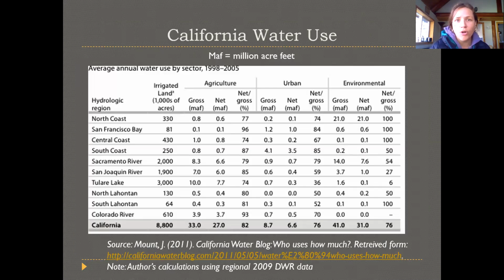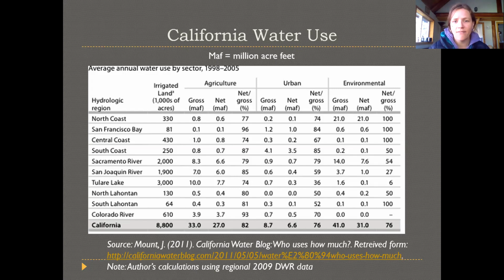California water use is shown in MAF, million acre feet, and shows different kinds of uses: agricultural uses, urban uses, and environmental uses, which are basically the amount of water that we let flow in streams, for fisheries, for recreation, etc. We can see that places like the San Joaquin River Basin and the Sacramento River Basin have pretty high gross agricultural use compared to urban use and environmental use.